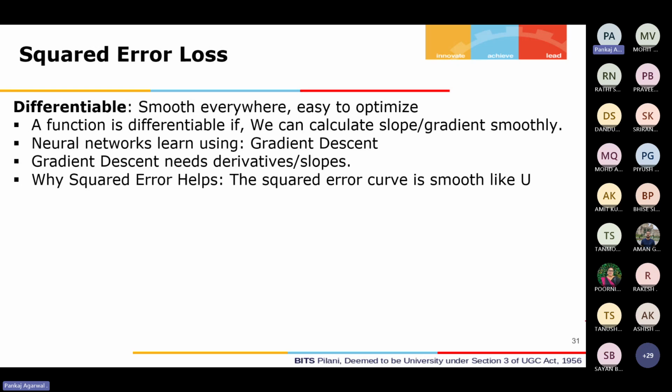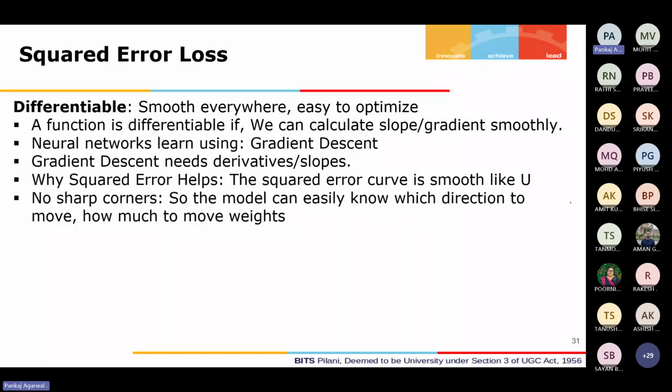Because the square error curve is smooth, like a U curve or the bell-shaped curve, right? That is how it gives you results. So there are no sharp corners, and the model can easily know which direction to move and how much to move the weights.